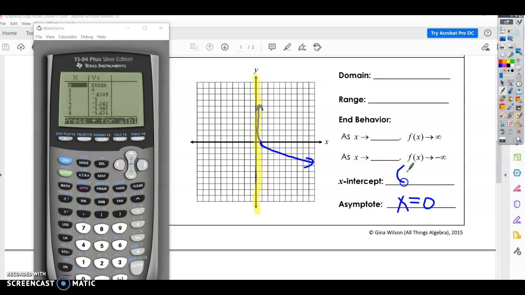So (1, 0). And the domain is going to be 0 to infinity. And the range is going to be all real numbers.